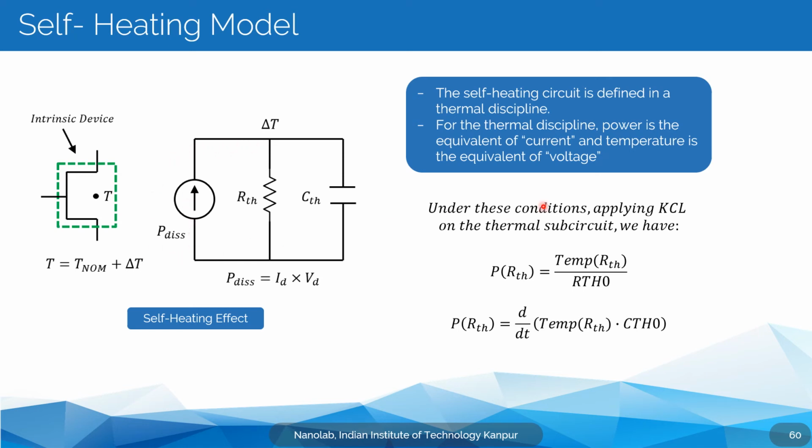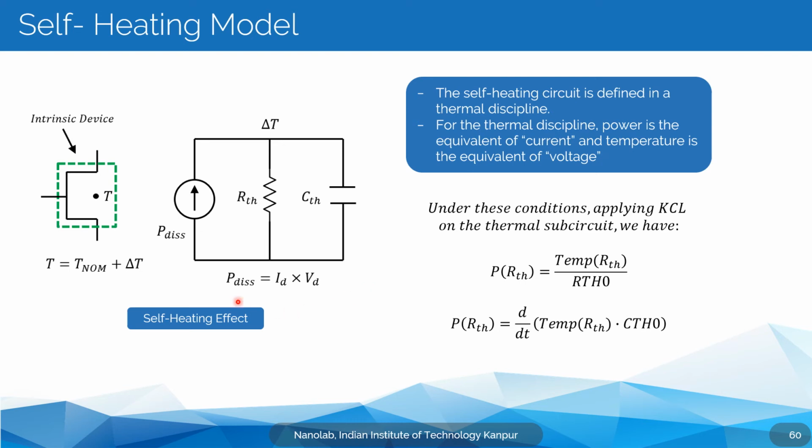And like in an electrical circuit, you have voltage, which determines the potential between two nodes. In a thermal discipline, that potential, that voltage, is actually the temperature. So if you look at this circuit, it looks like an electrical circuit, but it's not.